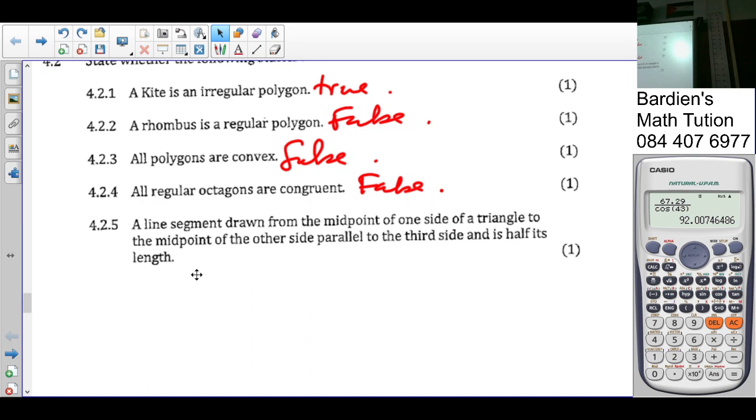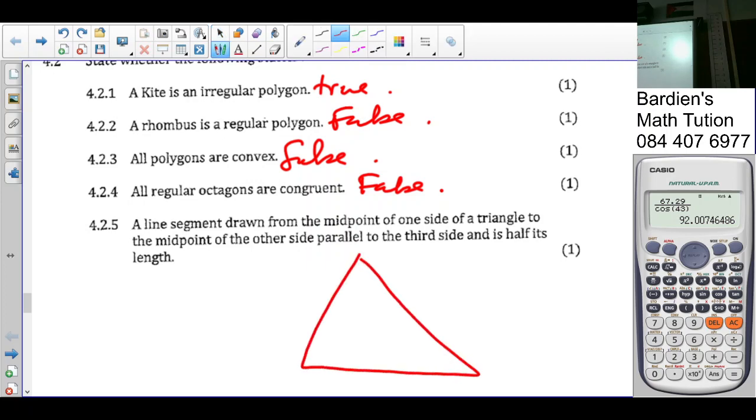And then the line segment drawn from the midpoint of one side. So this is leading into the midpoint here. Let's check what they say. The line segment drawn from the midpoint of one side of the triangle to the midpoint of the other side, parallel to the third side, and is half its length. So that is A, that is 2A. Is that the case? Yes.